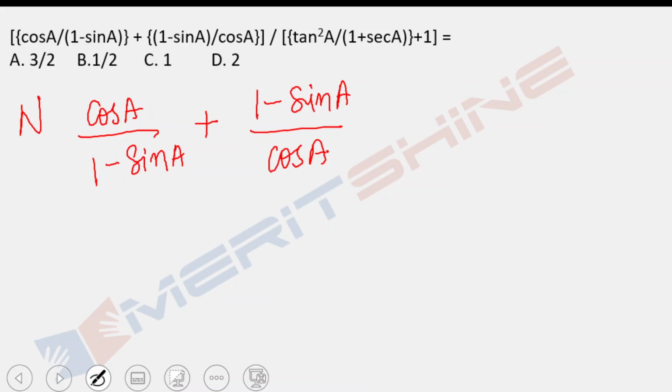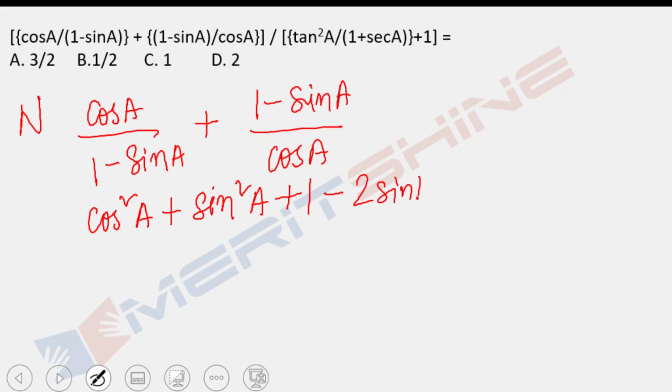So this is your numerator. Let's simplify it. If I take an LCM and simplify it, what would happen? Cos square A plus 1 minus 2 sin A plus sin square A, right?